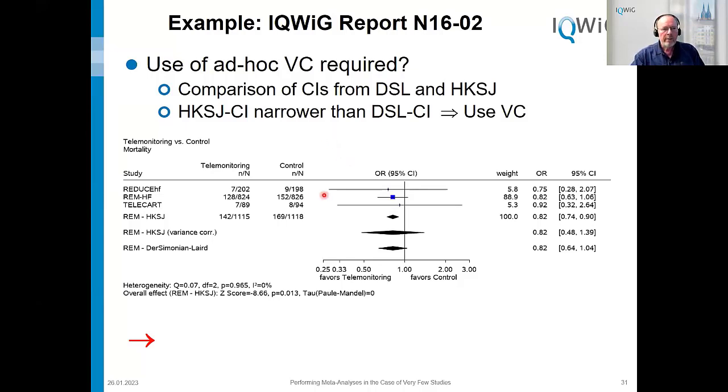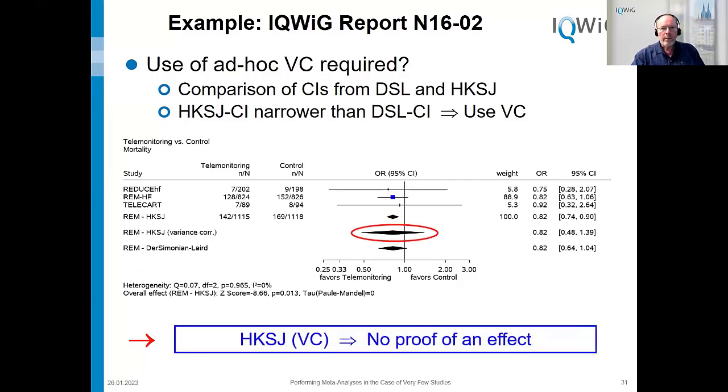We compare Hartung-Knapp-Sidik-Jonkman, which is here, with the result of DerSimonian and Laird, which is here, and we see, oh yes, the confidence interval width of Hartung-Knapp-Sidik-Jonkman is smaller than that of DerSimonian and Laird. This means we need the variance correction, and this is then the result.